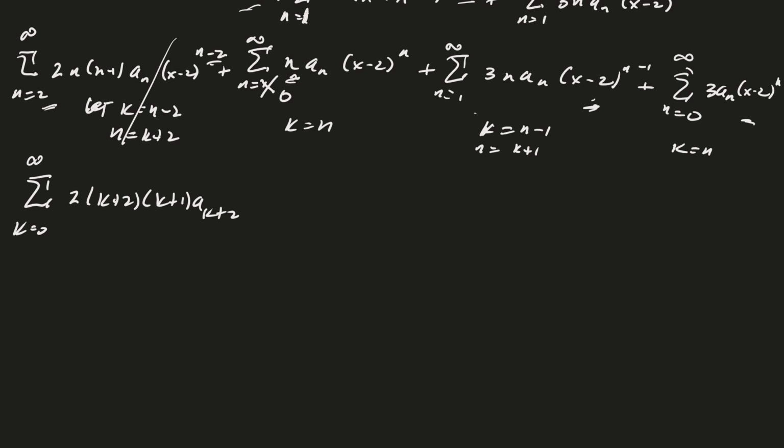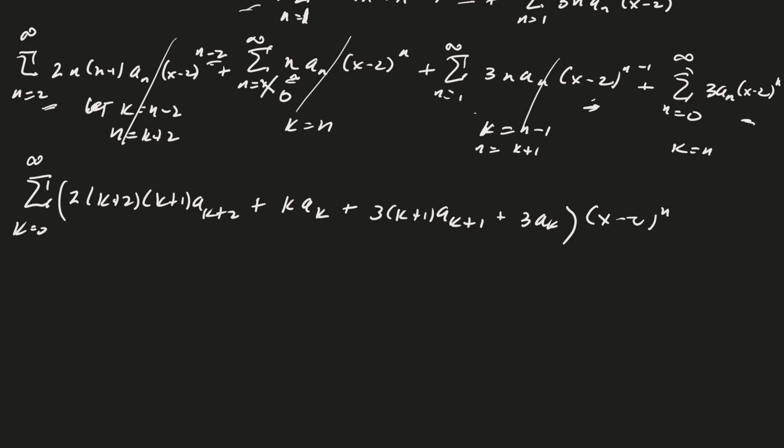The next one is going to just be k a sub k. Plus 3 times k plus 1, a sub k plus 1, finishes that one. And the next one will be 3a sub k. Good. x minus 2 to the n equals 0.